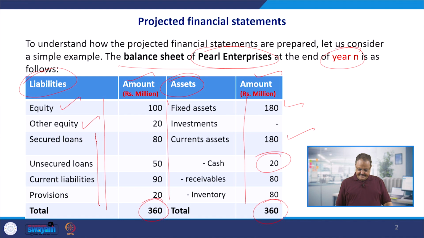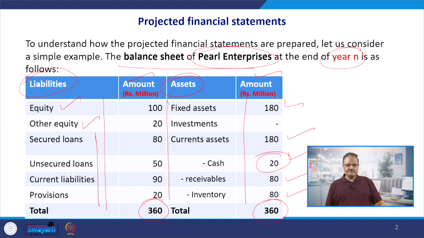Out of these current assets, the larger part is on account of receivables and inventory, and a small part is the cash available with us. So we have already spent 340 million and are left with cash of 20 million for day to day purposes. This is the information given to us for the year N, the current year.